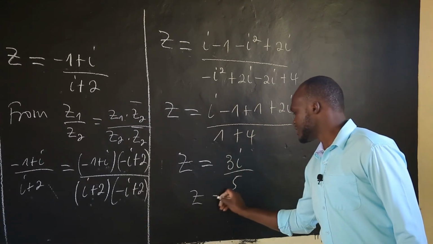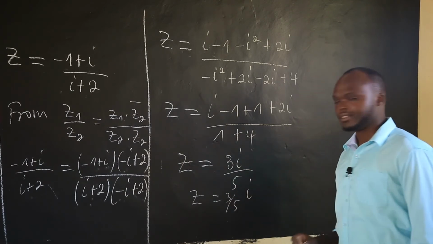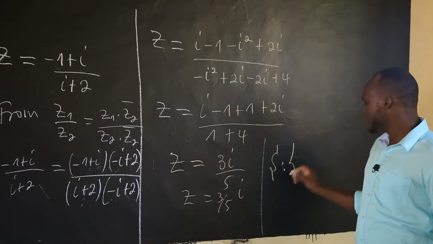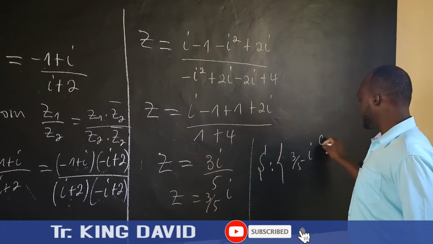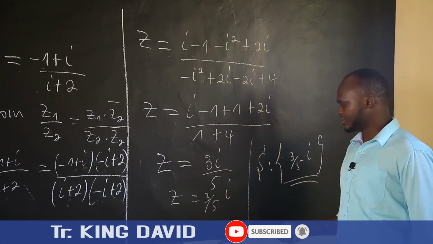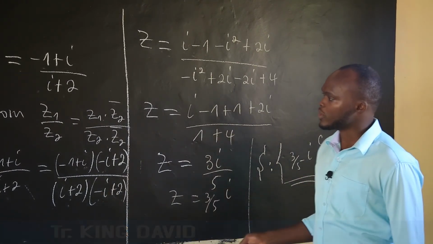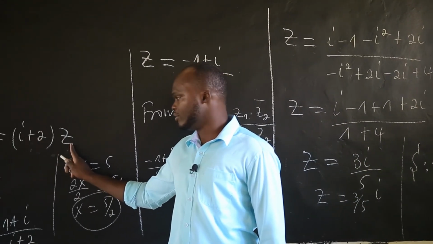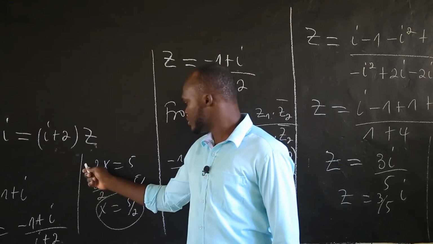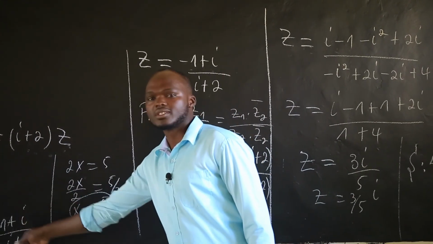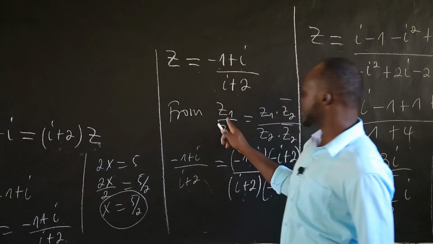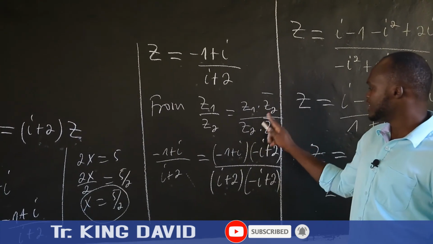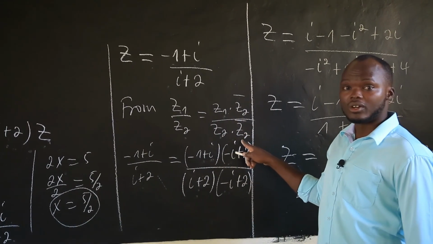So our Z is 3 over 5 I, and our solution set is 3 over 5 I. So what we do is make Z the subject of the formula, then use the division rule, where z1 over z2 is the same as z1 times z2 conjugate divided by z2 times z2 conjugate.